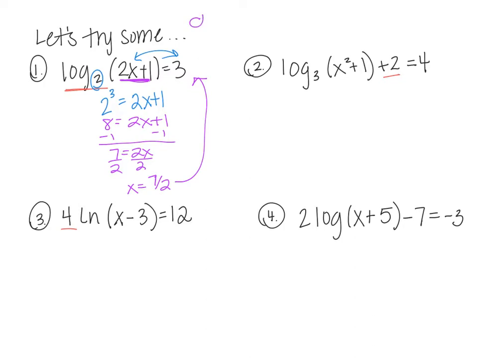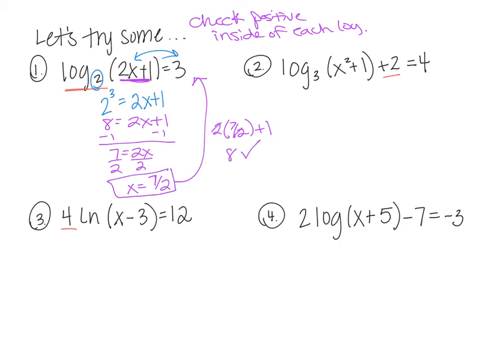So when I'm checking, I really want to check to make sure that I get a positive inside of each log. If I do that, I'll come up here and say 2 times 7/2 plus 1, and I do get a positive number, so therefore I can say that 7/2 is a solution.